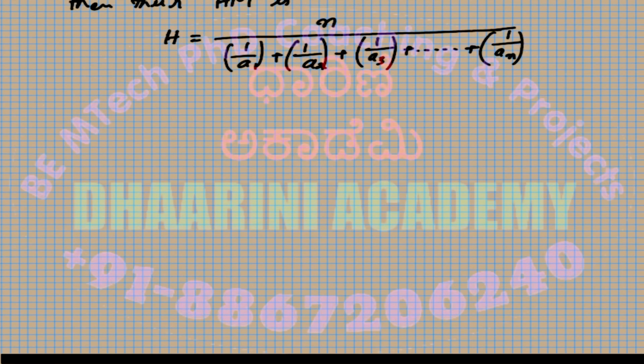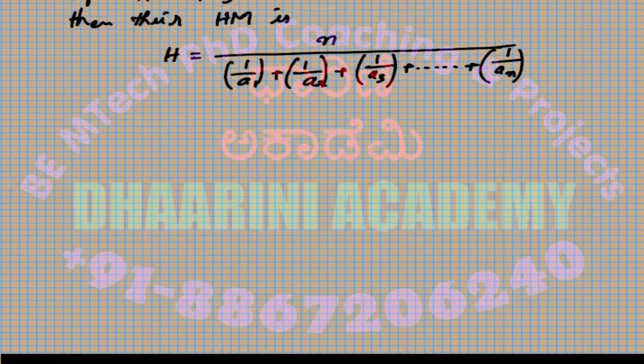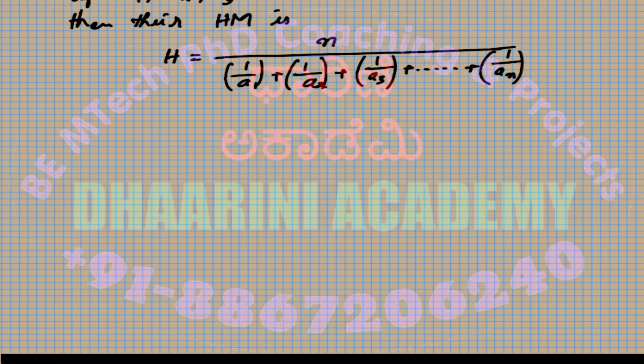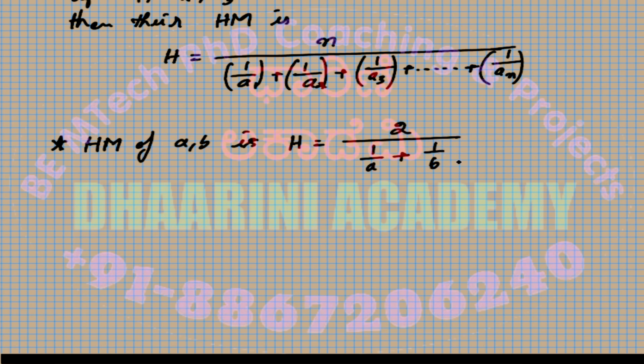Now let us apply this to the case where I have only two terms. The harmonic mean of A comma B is H. How do you calculate H? H is equal to 2 divided by 1 by A plus 1 by B. Let's take a common denominator in the denominator.